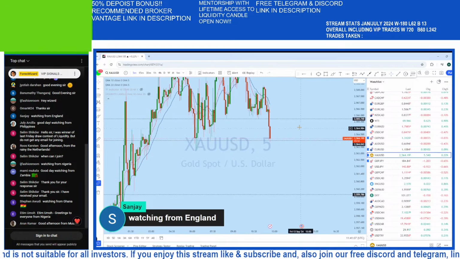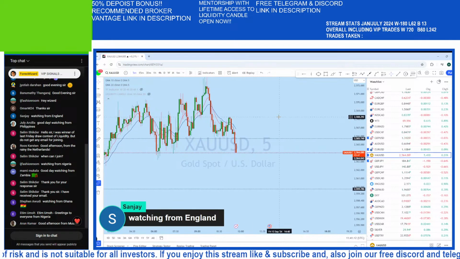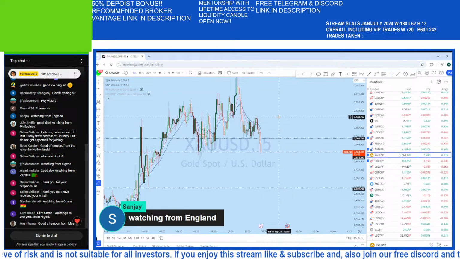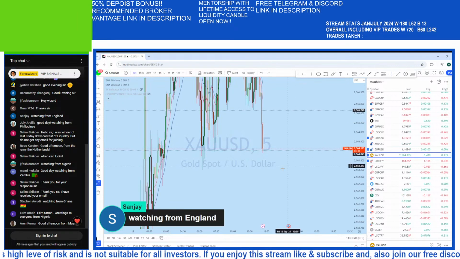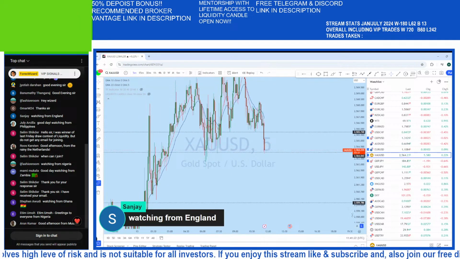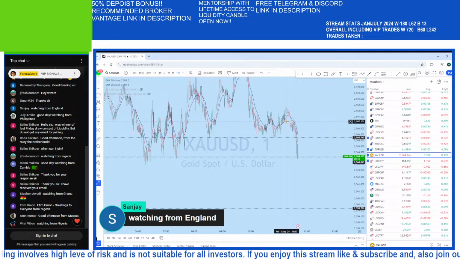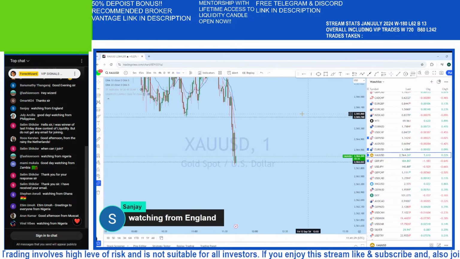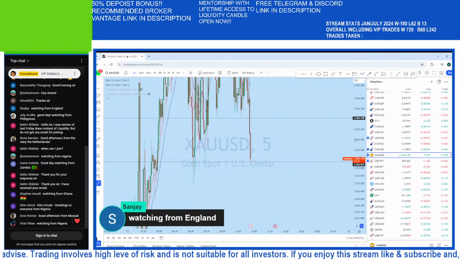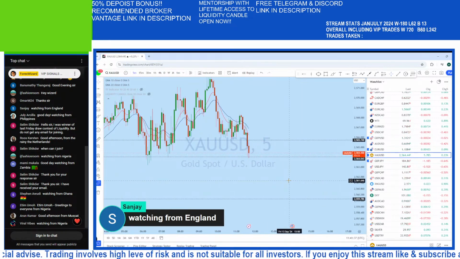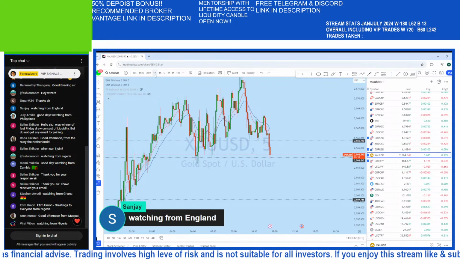It's a very important support, expecting the market to bounce. So you can see it's on the support level.